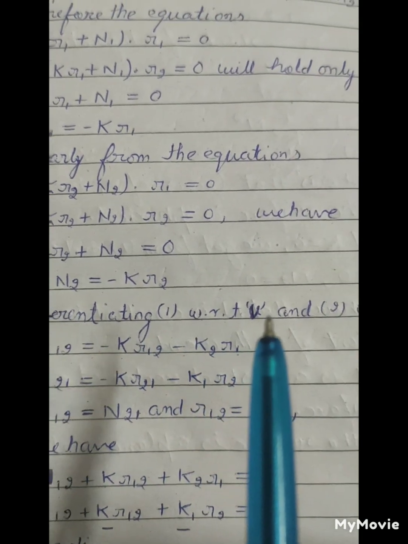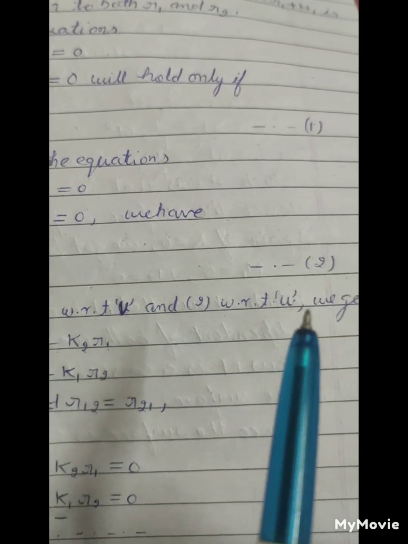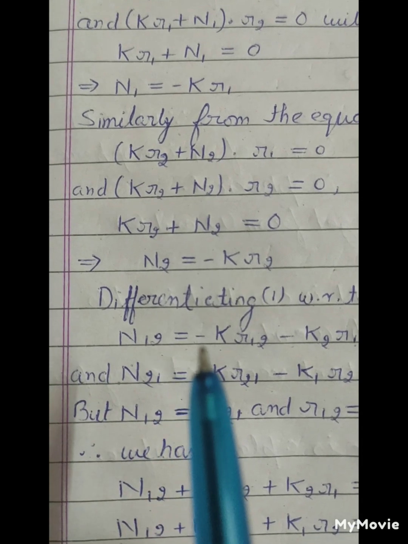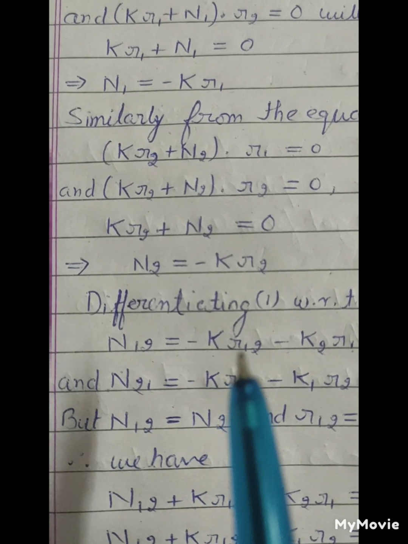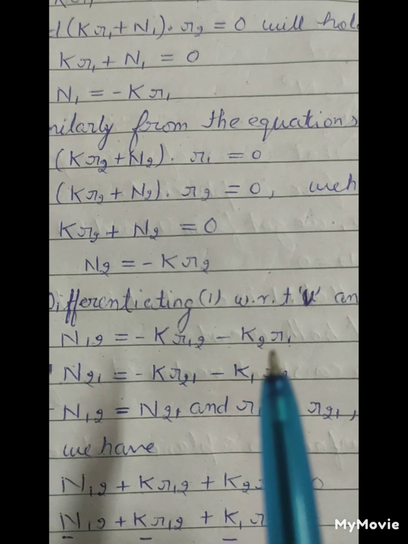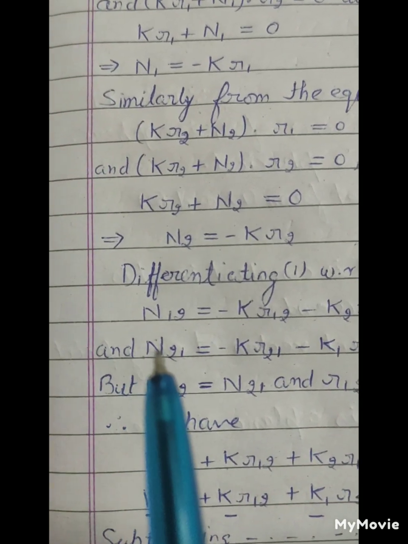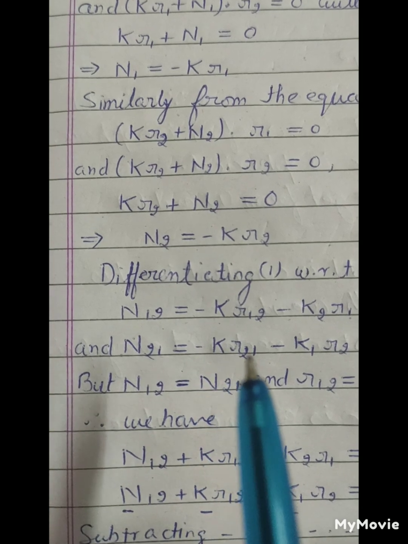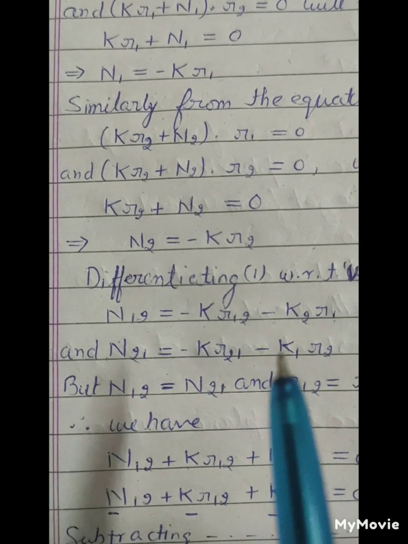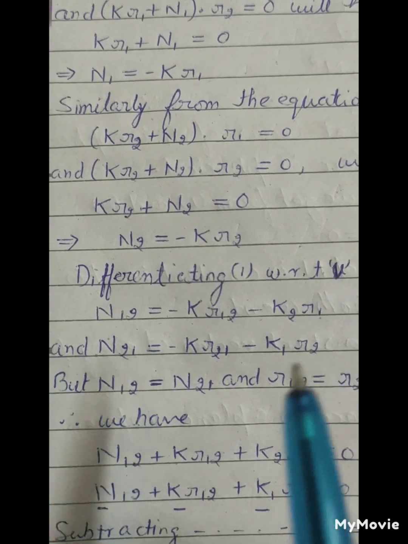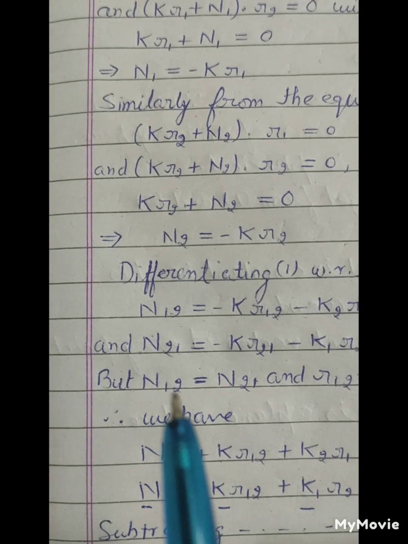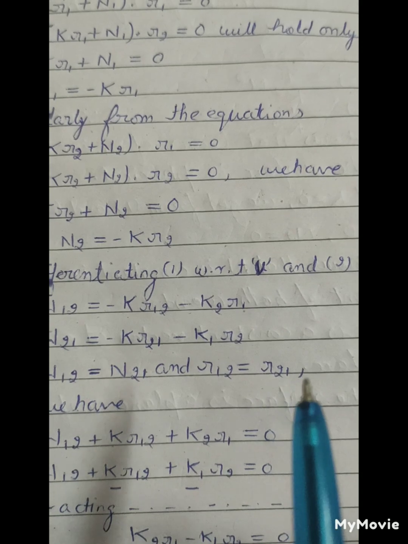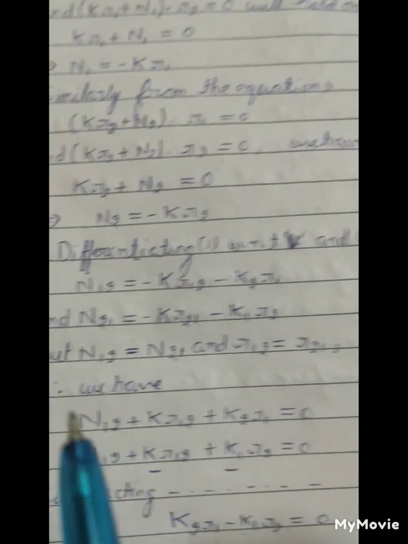Differentiating 1 with respect to v and 2 with respect to u, we get n12 = -K r12 - K2 r1, and n21 = -K r21 - K1 r2, but n12 = n21 and r12 = r21.